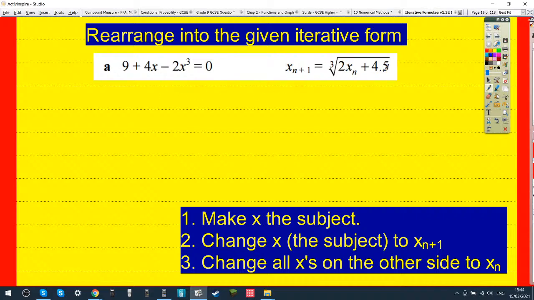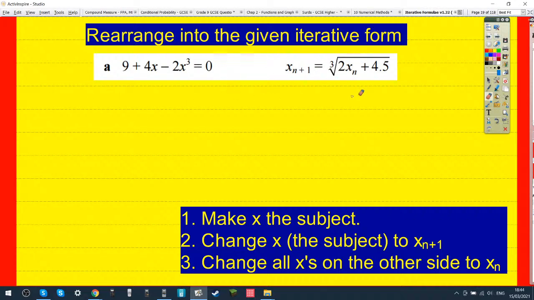Okay. Rearrange the one on the left to look like the one on the right. Don't worry about the n plus 1 and n for now. Okay, so if I do minus 2x, equals minus 9, sorry. So 4x minus 2x cubed equals minus 9. Right, and then factorize out x to get... No, they have a cube root on one side.